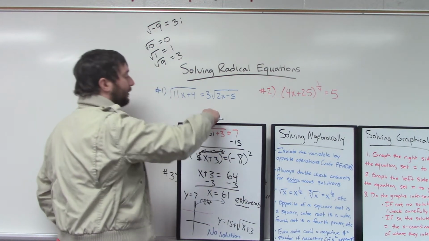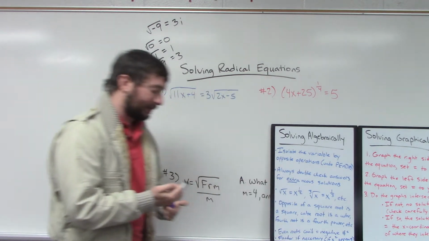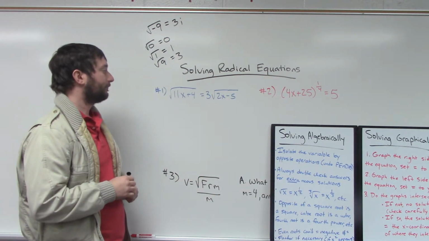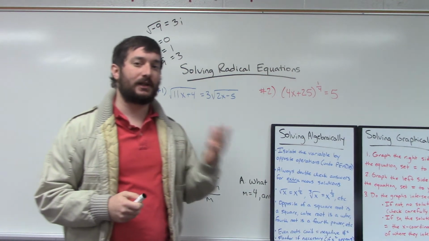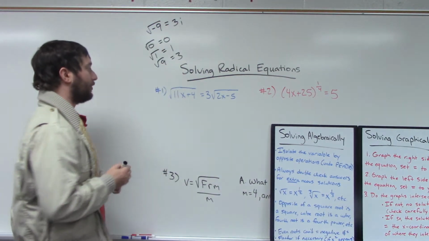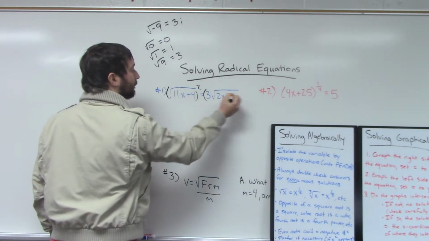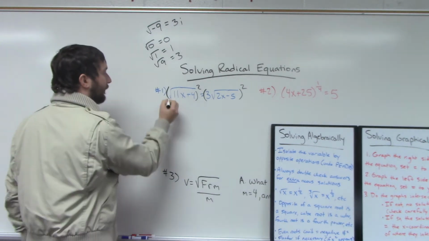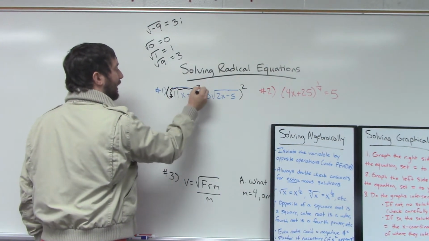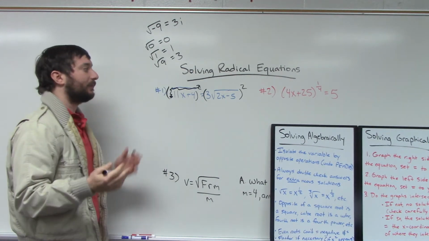So let's take a look at another example where we do have a solution. And once again, try to solve this algebraically, then graphically. So in this case, we have a square root on both sides of an equation. So what we're going to want to do is the opposite of a square root, square both sides. What that does is it gets rid of the radical, right? We're trying to get x by itself, and currently we have an x on both sides. We're going to have to do something about that.